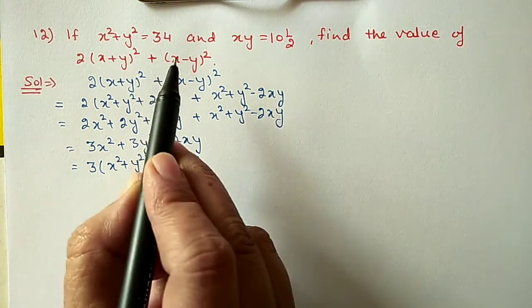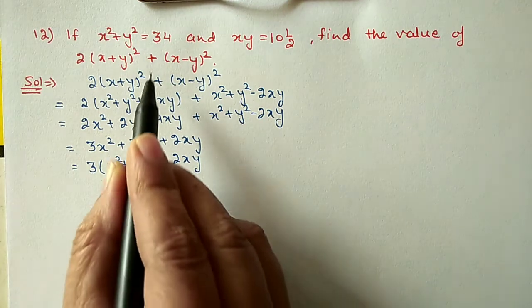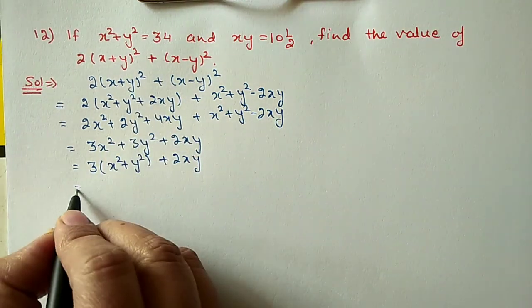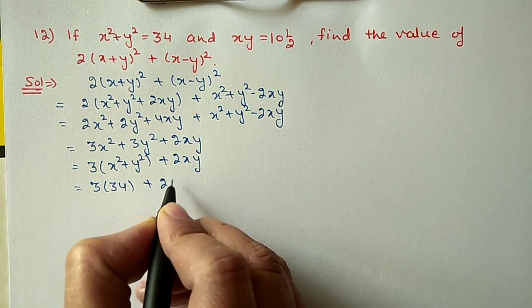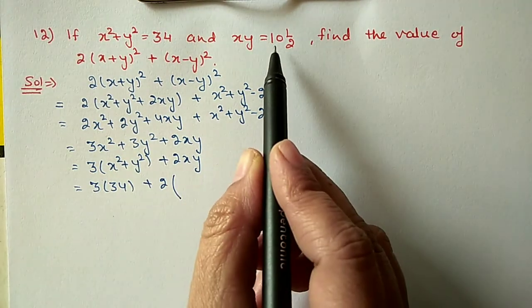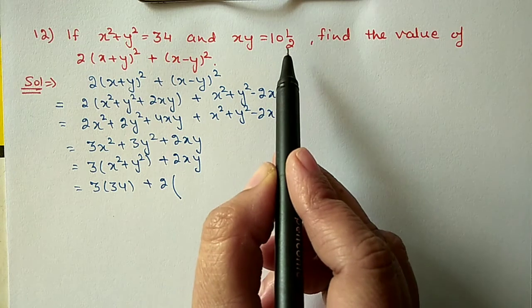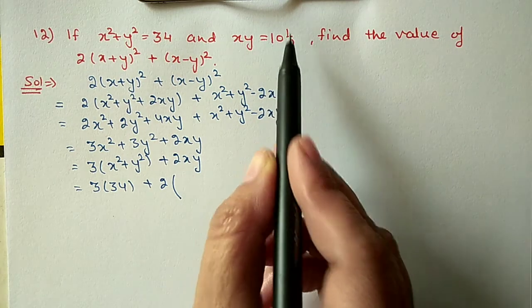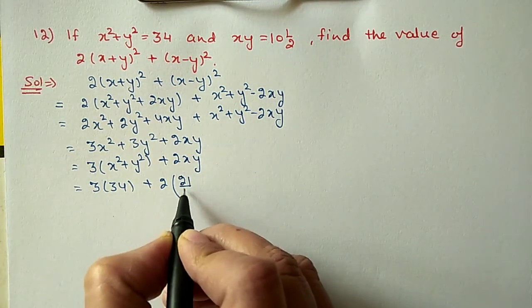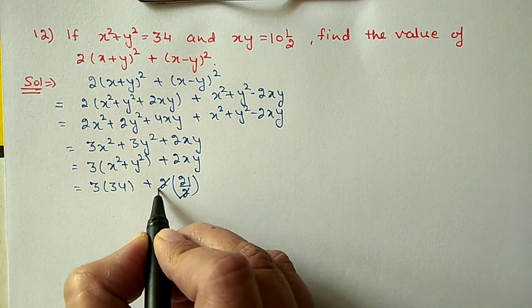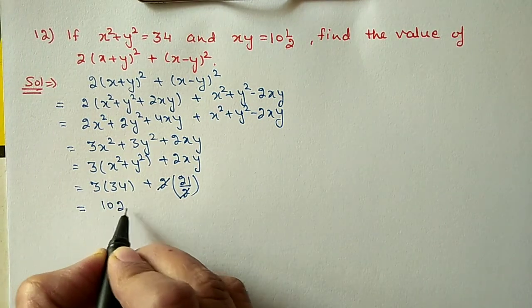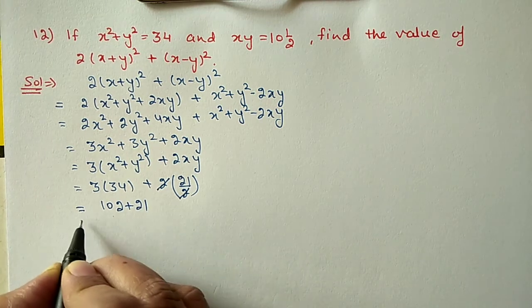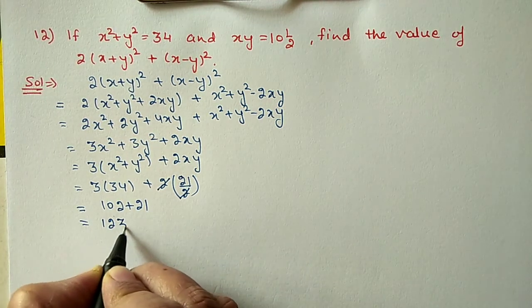Now we can substitute the values. x square plus y square is given 34. So 3 into 34 plus 2 into xy value, given as 10 whole number 1 by 2, which is 21 by 2. So this 2 will cancel out. 3 into 34 is 102 plus 21 equal to 123.